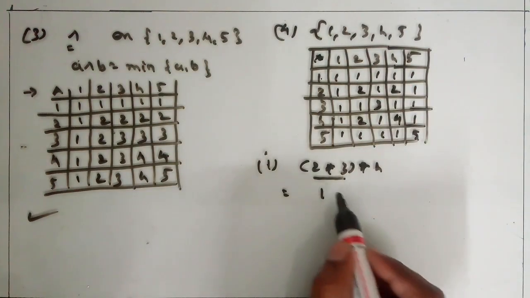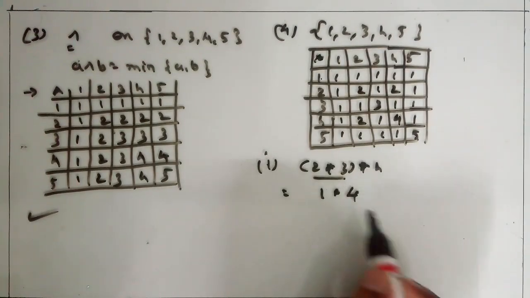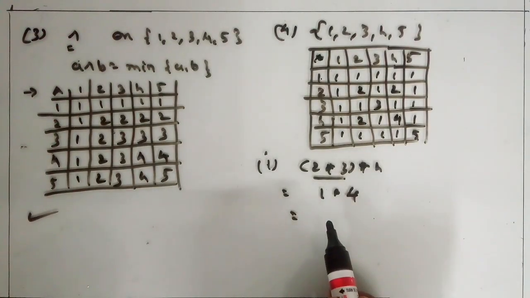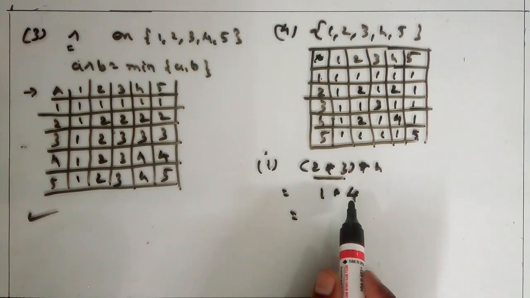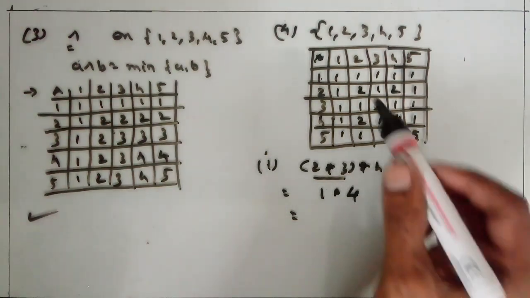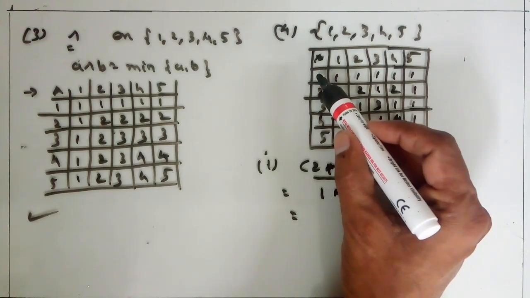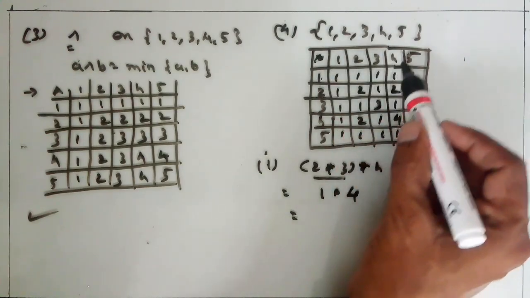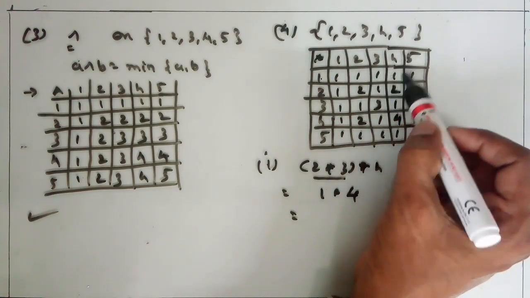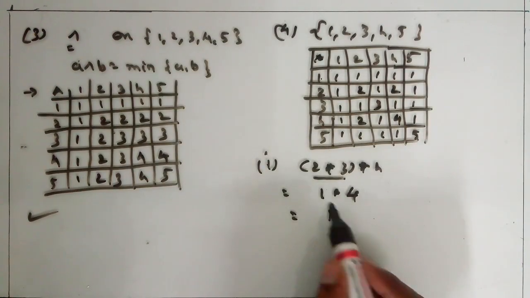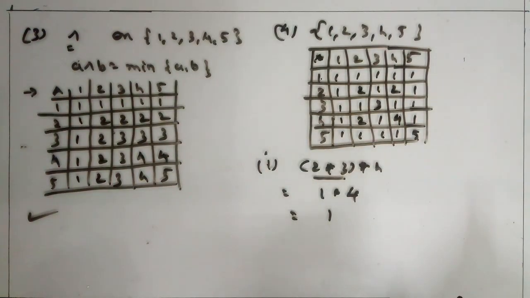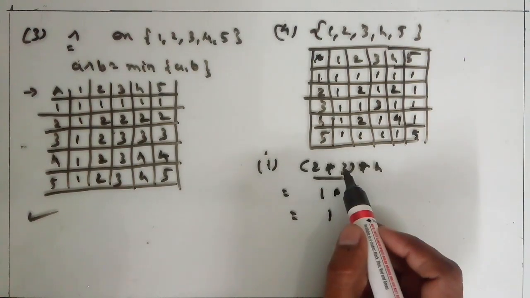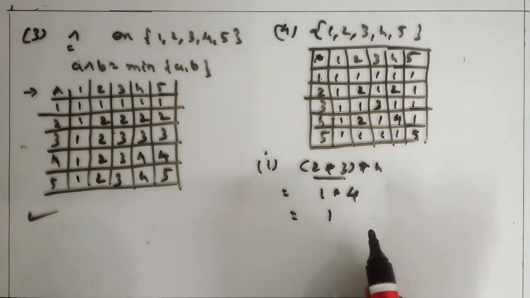So the result is 1 star 4. Similarly, think how to find 1 star 4. Take the row containing 1 and the column containing 4 and get the intersection. This becomes 1. So 1 star 4 is equal to 1. So the value of (2 star 3) star 4 is equal to 1.